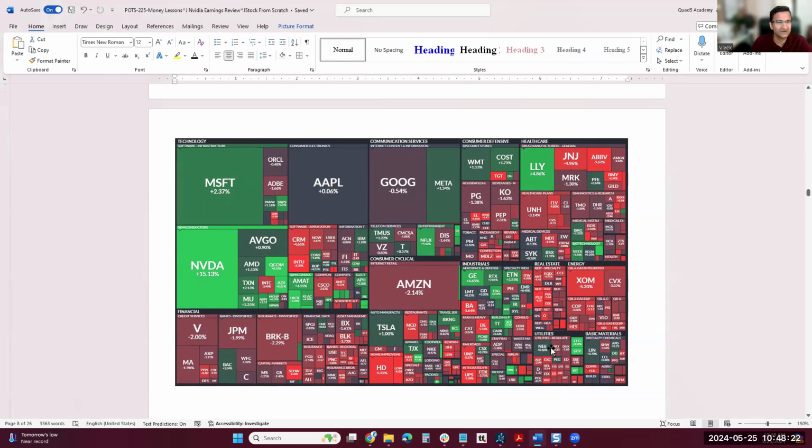In the majority of the sectors, I see more reds than greens, more shades of red than green. But one big green, Nvidia, was good enough to keep the market-weighted index higher for the week. So that's what it is. It's all Nvidia, nothing else.